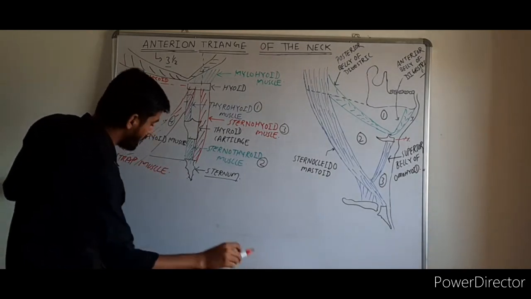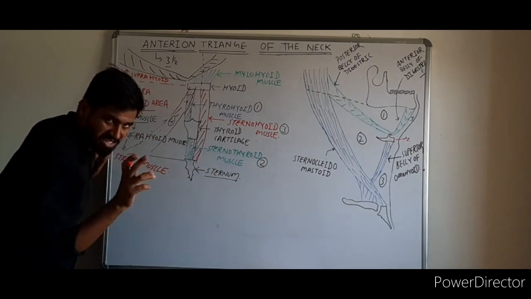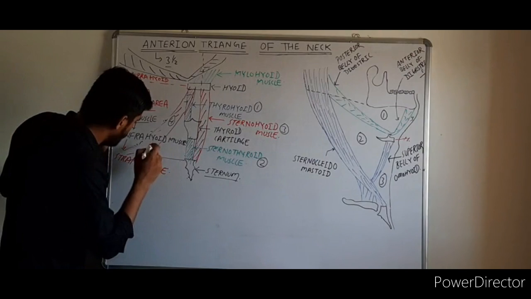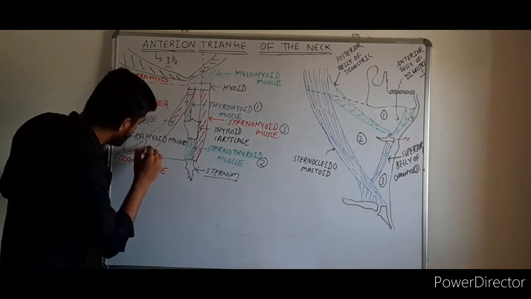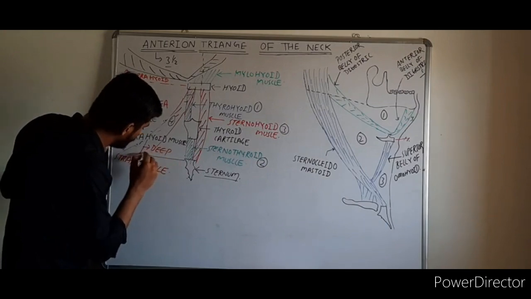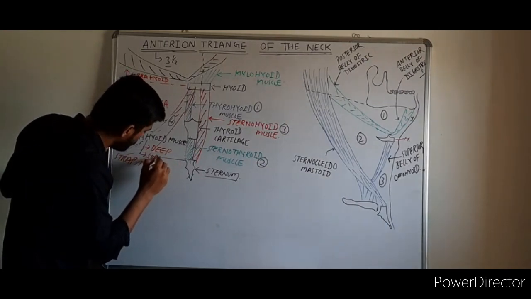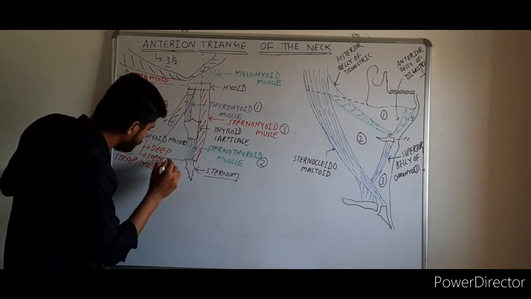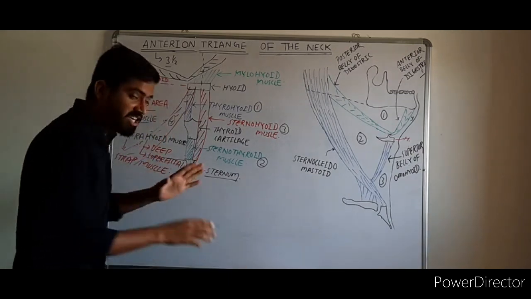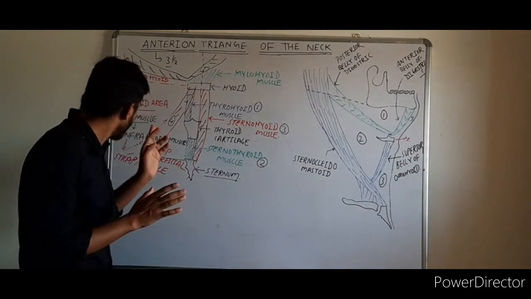Now, one thing you remember, infrahyoid muscles are arranged in two groups. One is the deep and second is the superficial. Which are the deep muscles of the infrahyoid group?